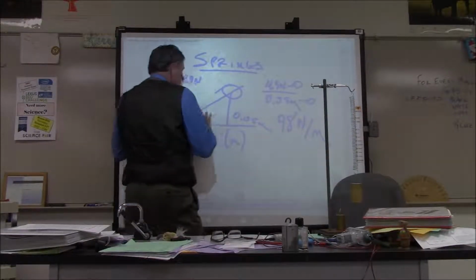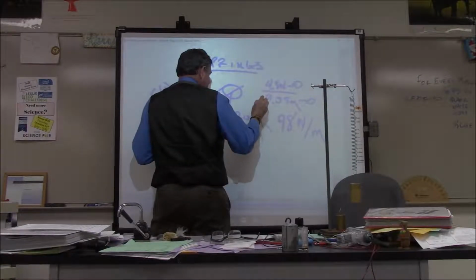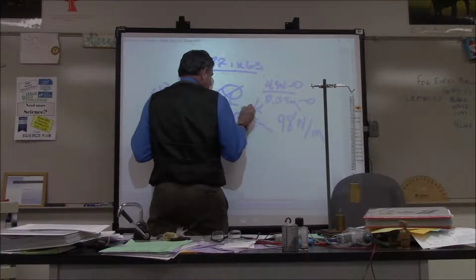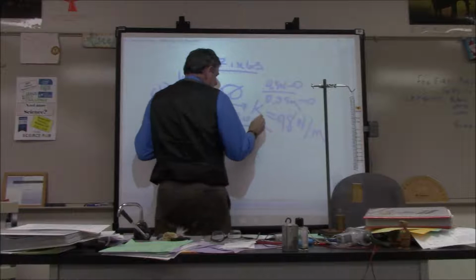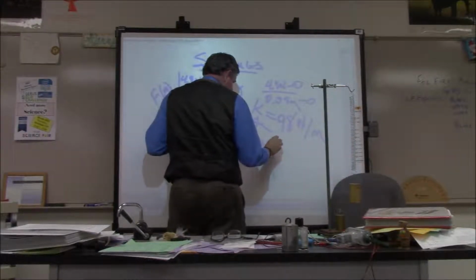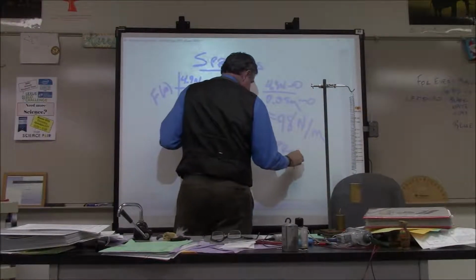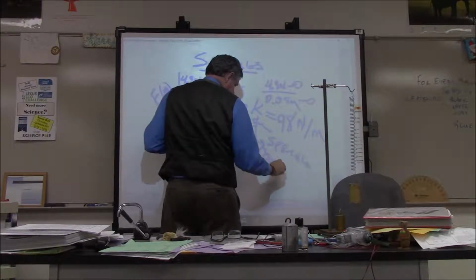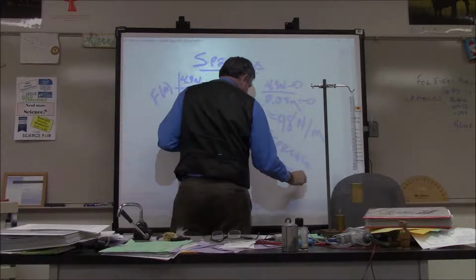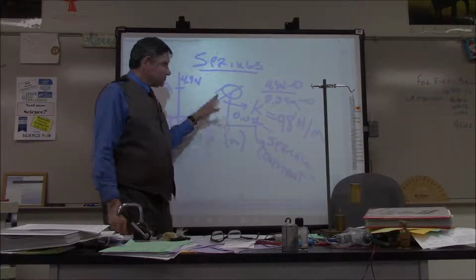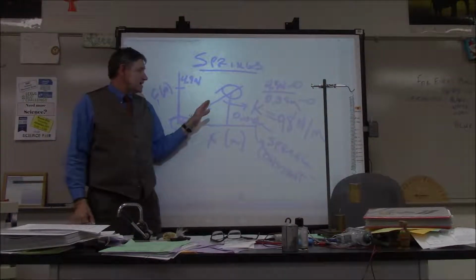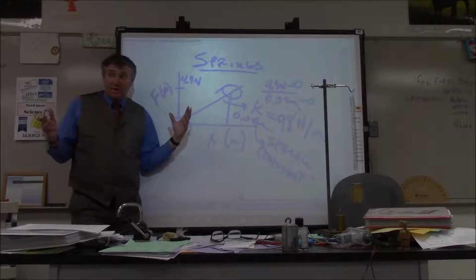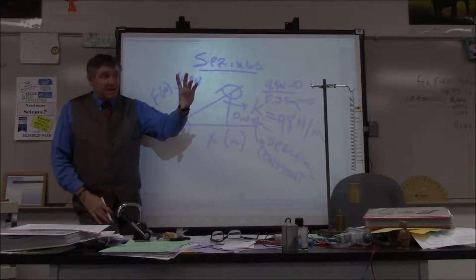Now, when you have a graph like this, which you're going to see a lot, that slope is what we call k, and that k is what's known as the spring constant. This is going to be different for different springs. Let's say you had a much stiffer spring. This is a fairly lightweight spring.